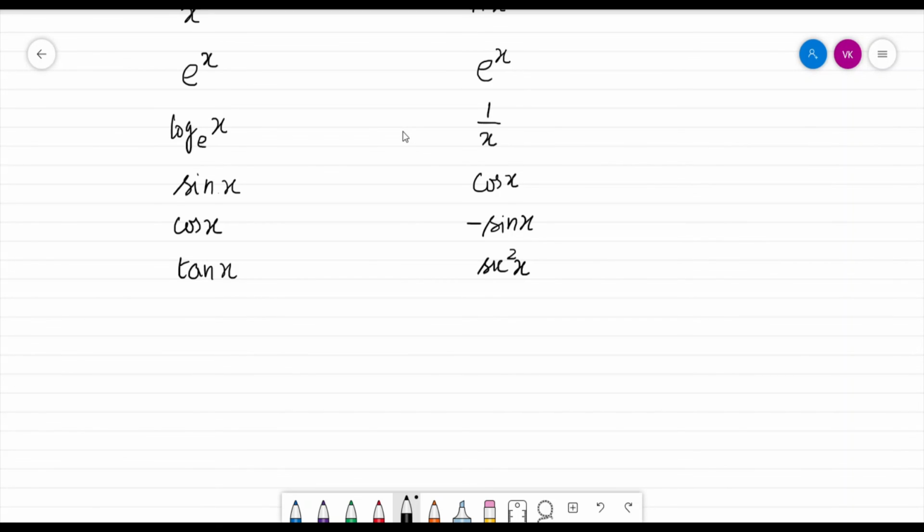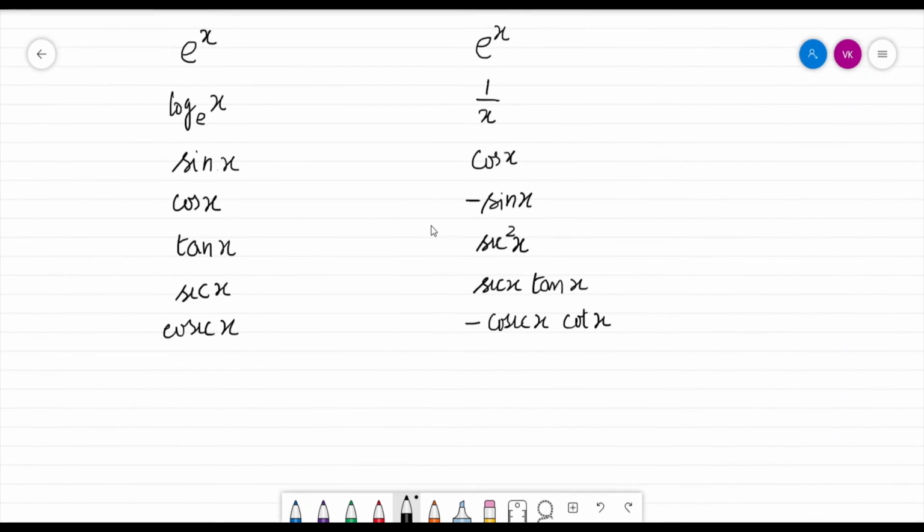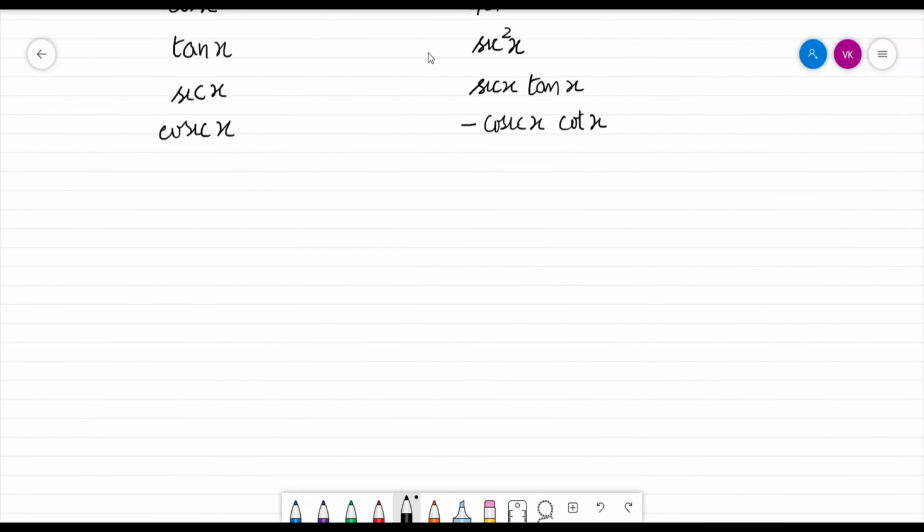Derivative of secant x is secant x into tan x. Derivative of cosecant x is minus cosecant x into cot x. The derivative of cot x is minus cosecant squared x.